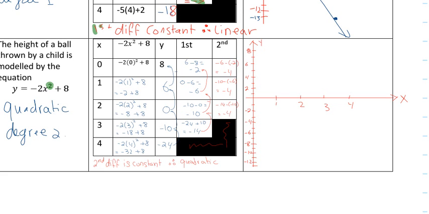So my first point is 0, 8. Okay? So my first point is 0, 8, which is right here.